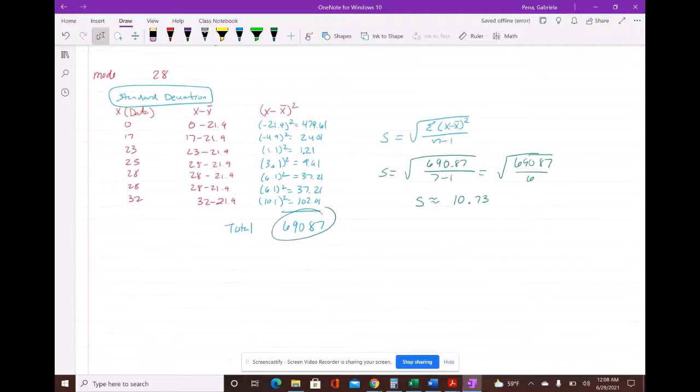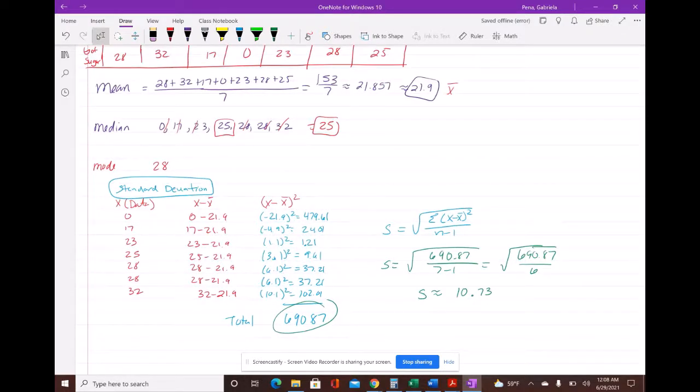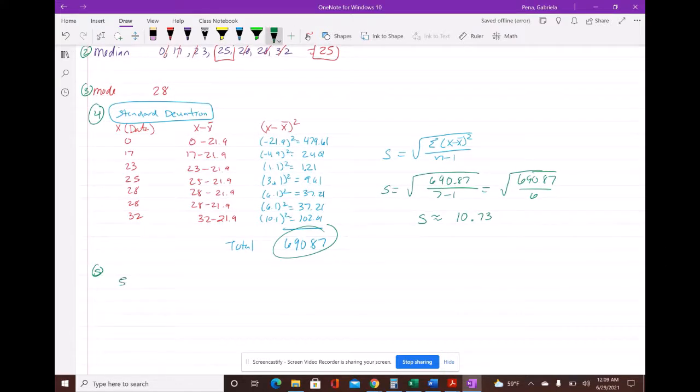Now, after this, so let's say you found mean, median, mode, found the standard deviation. Now they want us to find that 5-number summary.